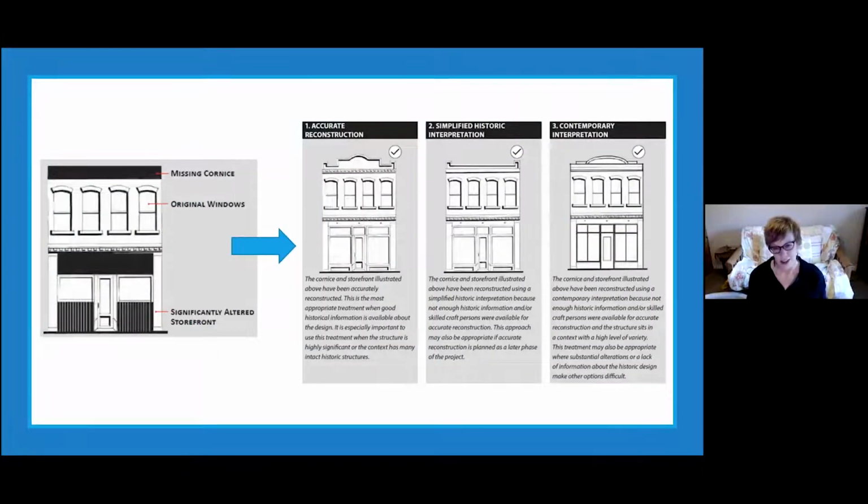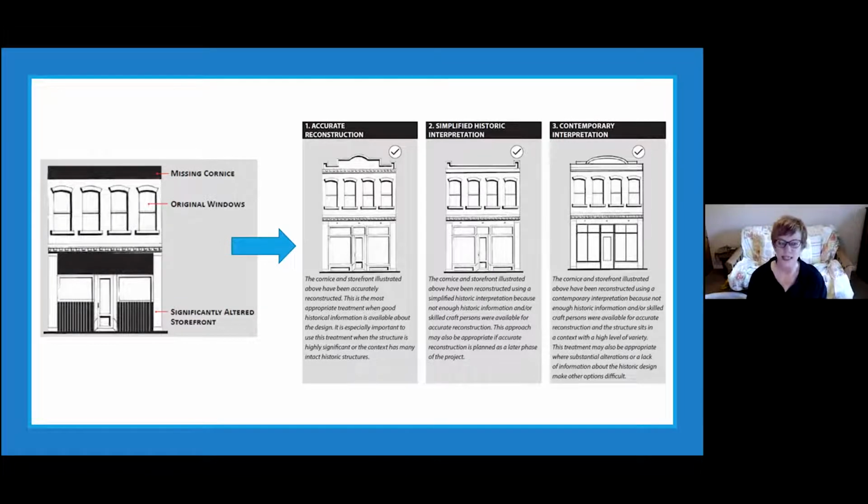So another example of applying this, you can see in this excerpt from our Denver design guidelines, a place where you can see very strongly that influence of the Secretary of the Interior's standards for rehab. This is our guidance for what to do if you have a commercial building that has been altered. You see here our example on the left.